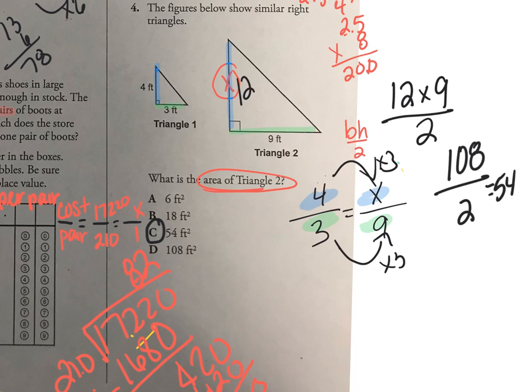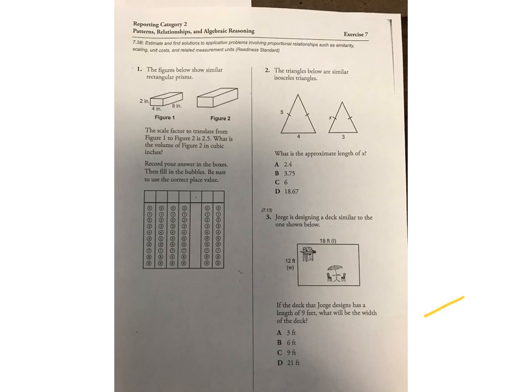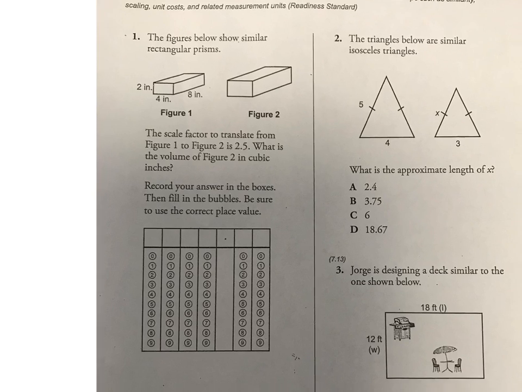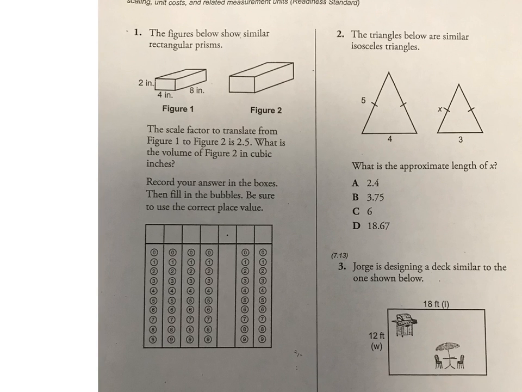I want to look at a couple more things before I let you free. Somebody got tripped up on this question, so I'm going to talk about it for just a second. It says the scale factor to translate from figure 1 to figure 2 is 2.5. A scale factor is going to be an increase or a decrease. If it's smaller than 1, it's a decrease. If it's bigger than 1, it's an increase.